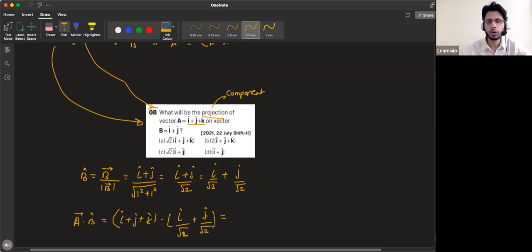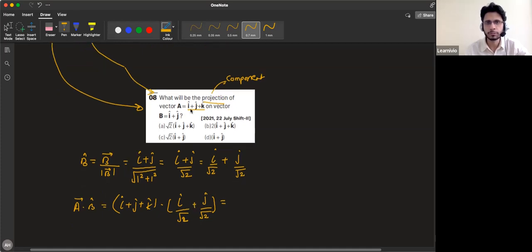Hiba, what will be the dot product here? Just multiply the coefficients. You know how to do the dot product in Cartesian form.